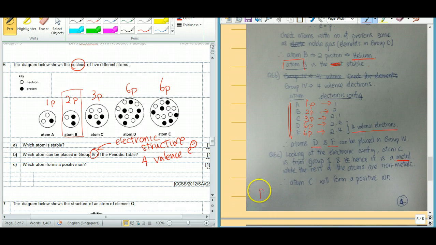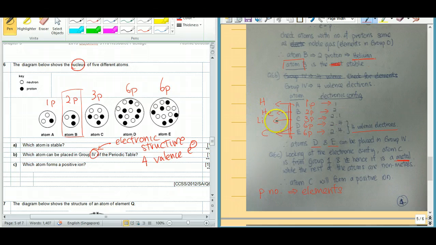There's actually another way of doing it. By looking at the proton number, we can find out which elements they are. Proton number will tell you which elements they are. So realize A is hydrogen, B is helium, C is lithium, and D and E are carbon.